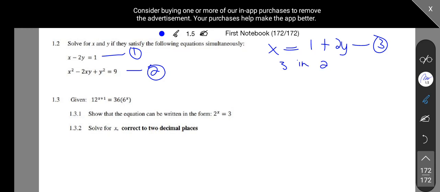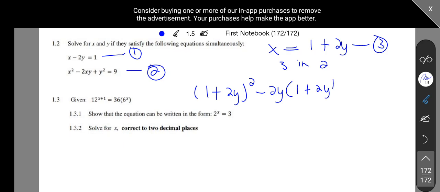So let's plug equation number 3 in equation number 2. Wherever we see x, we're going to plug 1 plus 2y. So what is x squared will be 1 plus 2y squared, minus 2xy. We know that negative 2xy is the same as negative 2yx, so we can just put y here and then x here, and our x is 1 plus 2y.